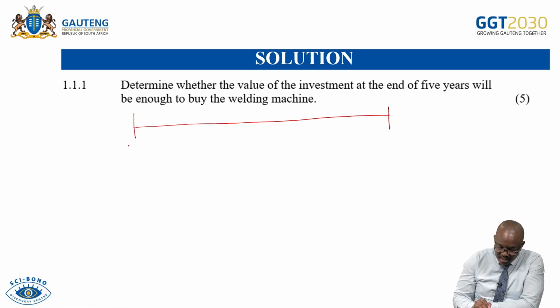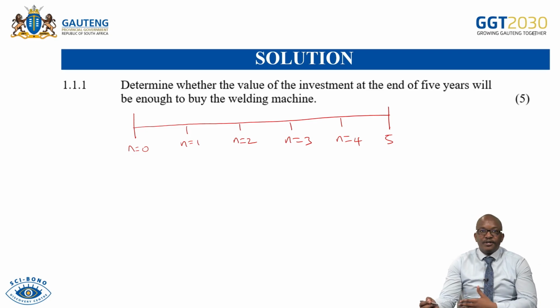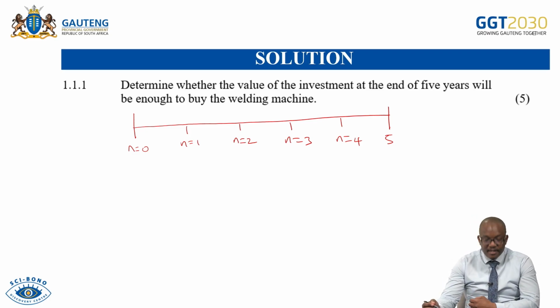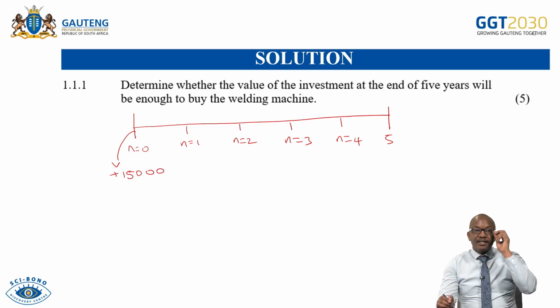With our timeline, n represents the number of years. We have 1, 2, 3, 4, and 5. All learners should be able to analyze the scenario on a number line. Remember, at the initial stage the 15,000 was deposited, at the beginning.